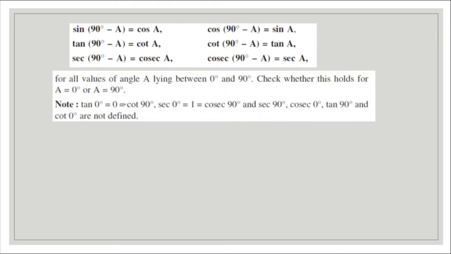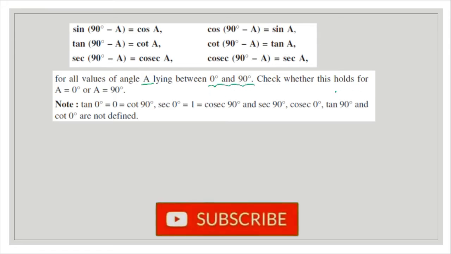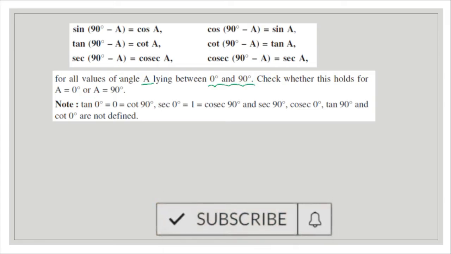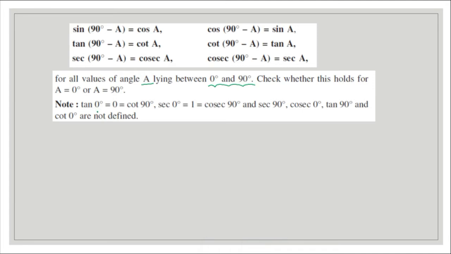For all the values of angle A lying between 0 and 90 degrees, you check whether these statements hold true. If I consider tan 0 degree, tan 0 is 0, which is the same as cot of 90 degrees.